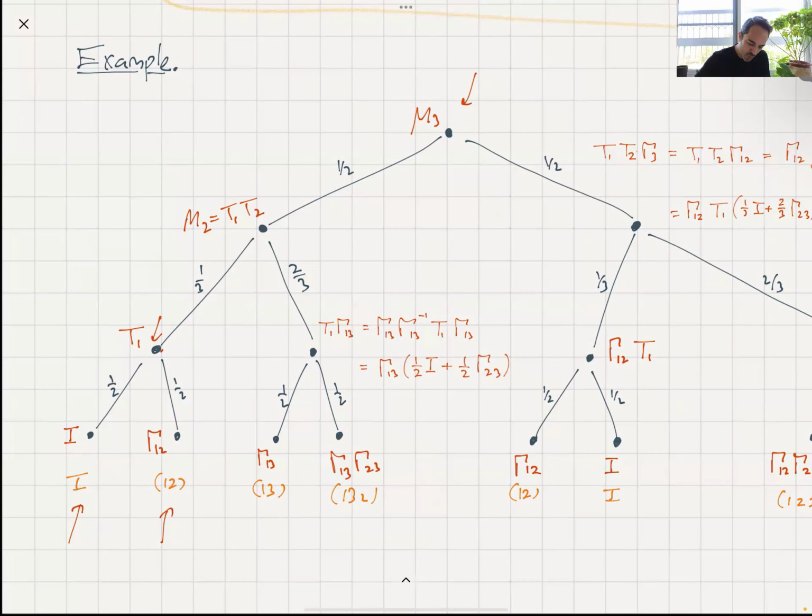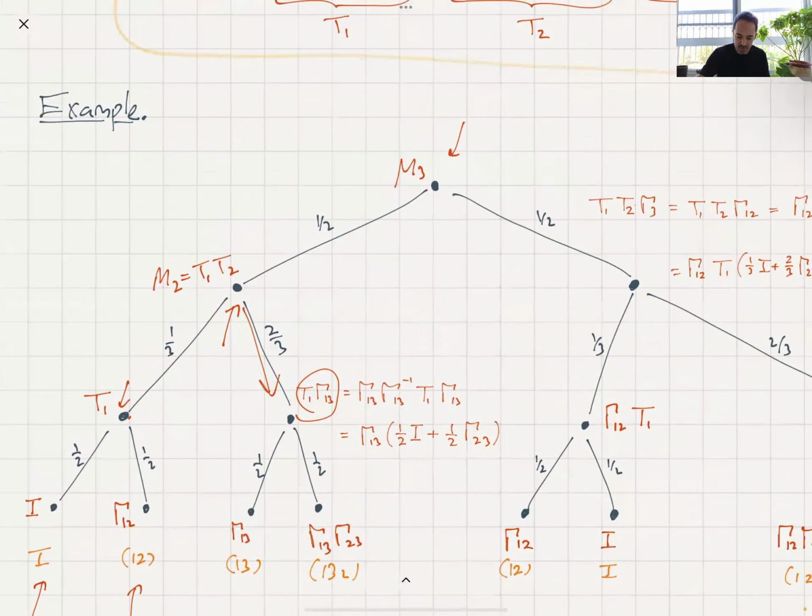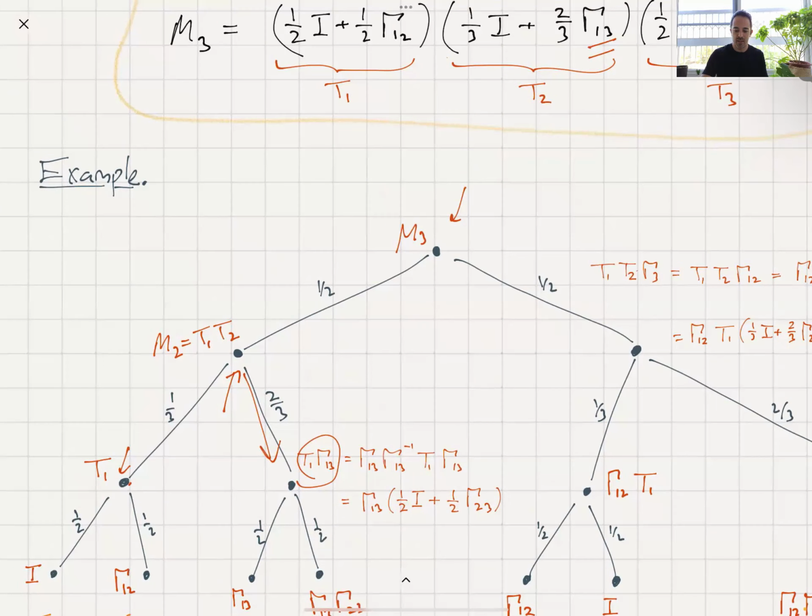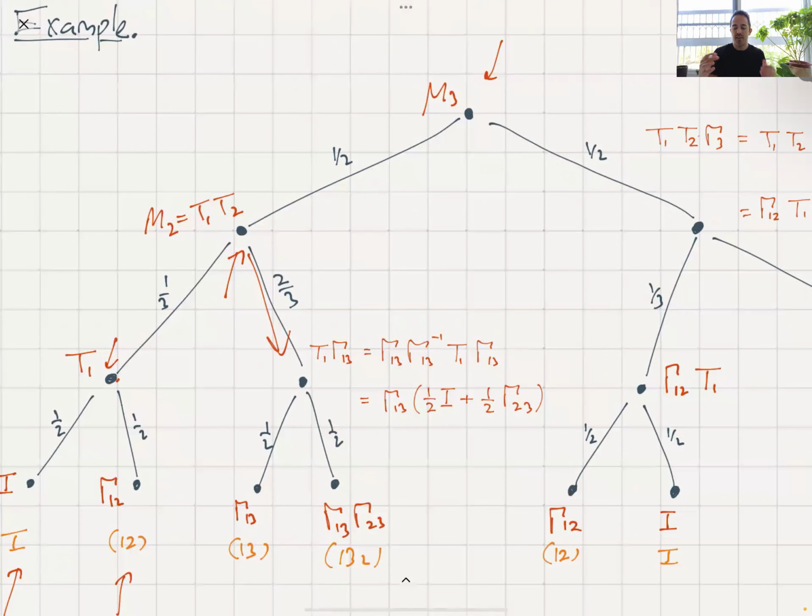Now, if we go back here, let's trace back to this point, and we want to go right. Then it's T1 gamma 1 3, as we said, because of this gamma 1 3 and this T1. But you want to write T1 gamma 1 3 in a way that will be some product of matrices such that the random swap is on the right, so that you can keep on doing that.